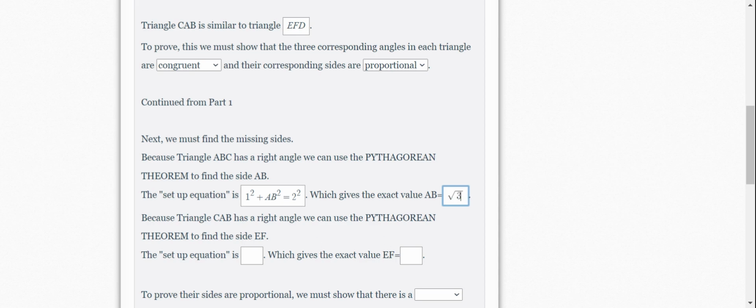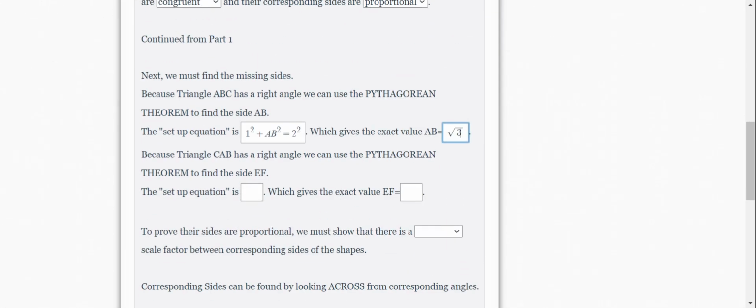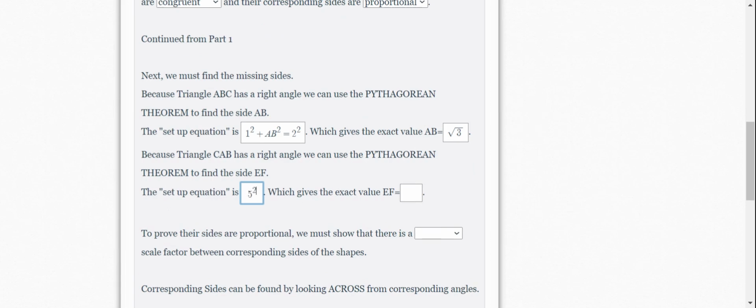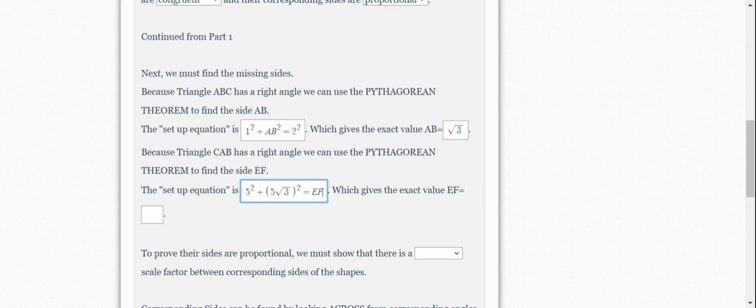Because the triangle CAB has a right angle, we can use the Pythagorean theorem also. They both have right triangles, so we can use the Pythagorean theorem for both of them. The setup equation for this would be 5 squared plus, and this one's important, you have to put the whole thing in there, so parentheses 5 square root of 3 squared, is equal to EF squared.